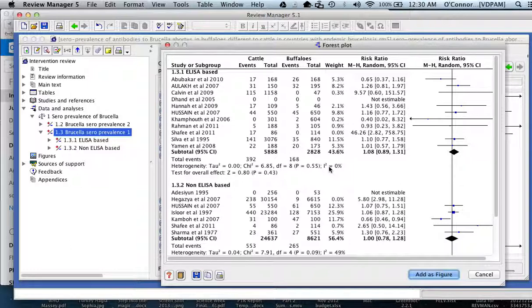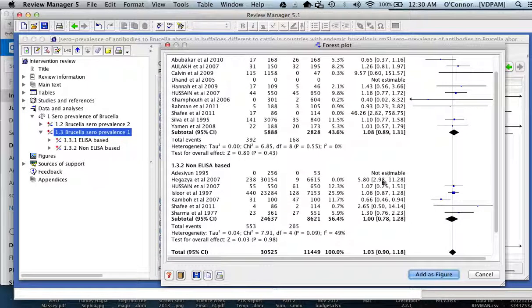And if it looks like I don't have much heterogeneity, then I'll look to see what the effect is in the subgroup by interpreting this Z, which is this p-value, but I can also tell the same thing by looking at this summary effect measure. And I would do the same for this subgroup.